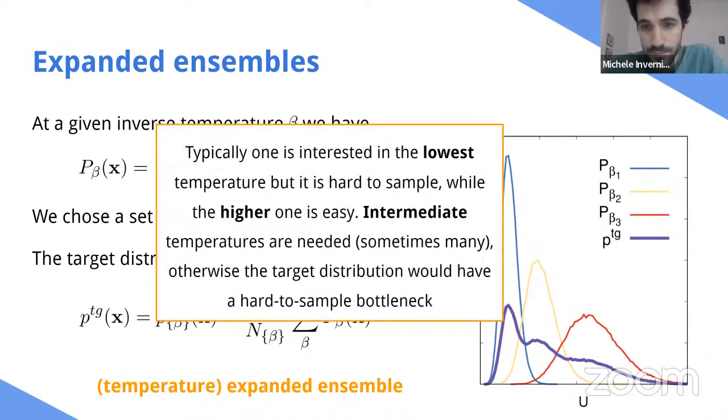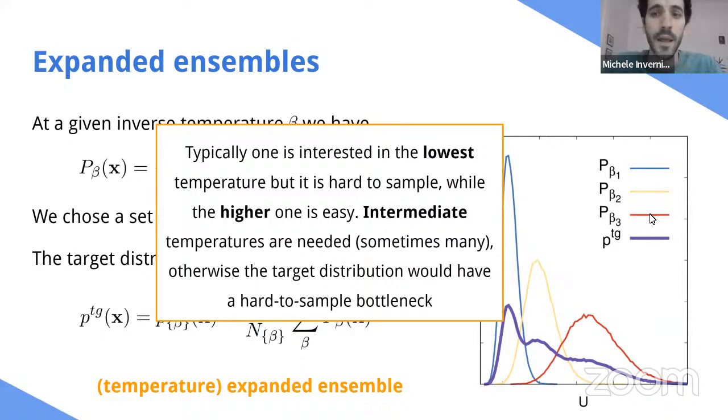Just to be clear, the typical situation is that one is interested in sampling the lowest temperature, but that is hard to sample. For instance, there is a rare event. Whereas at a higher temperature, it's easy to sample, so there are no barriers.